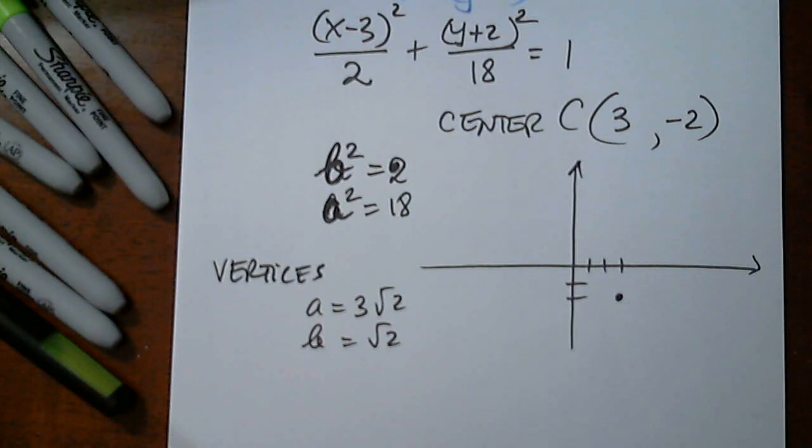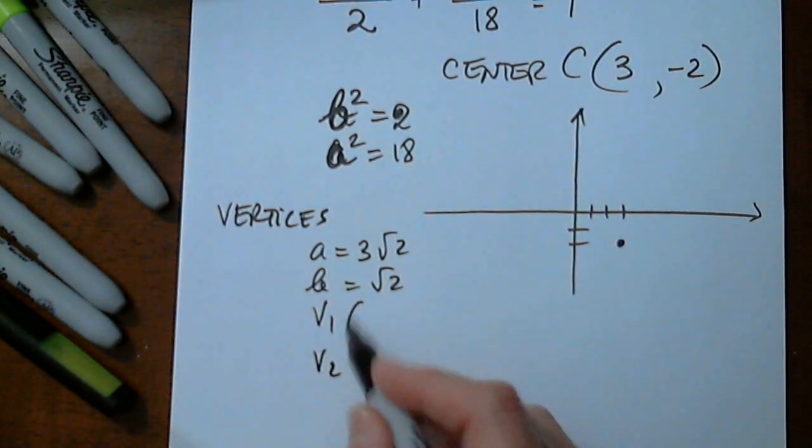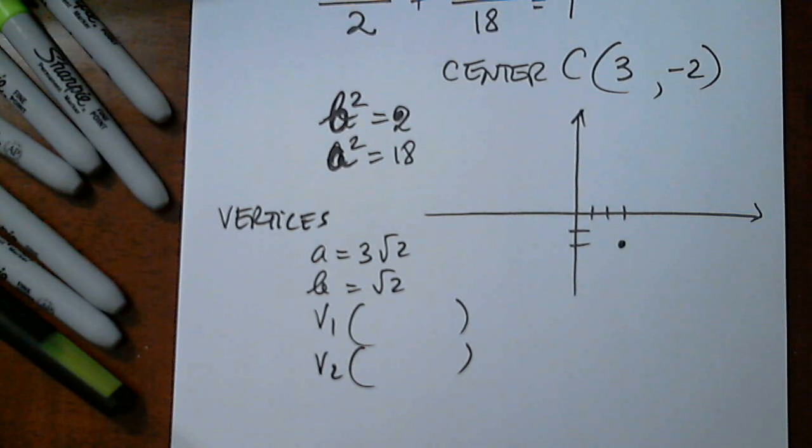Anyone, please? Can anyone give us the vertices? One of them. Let's say V1. Would it be (3, -2)?